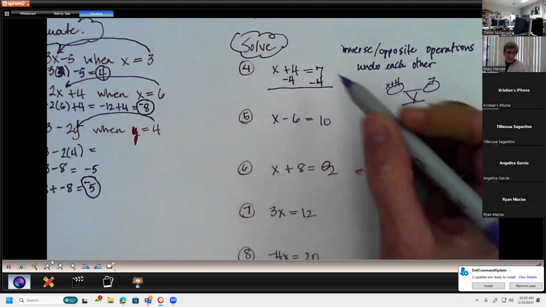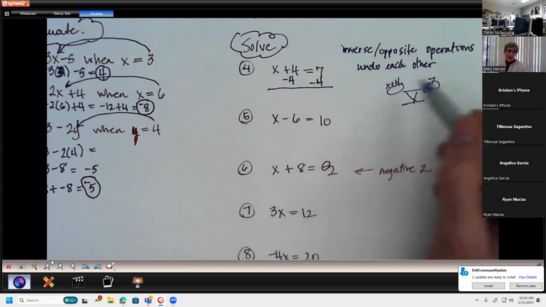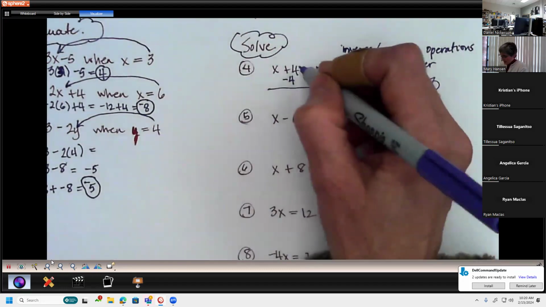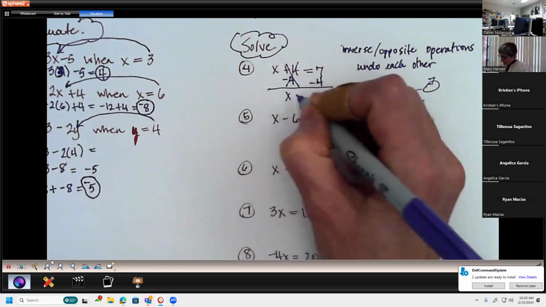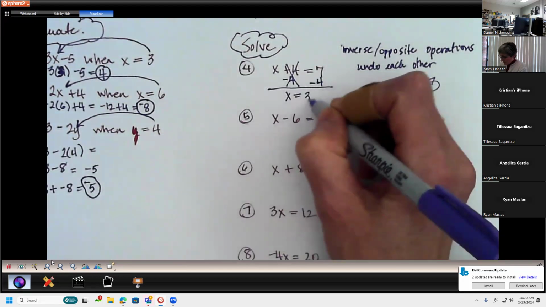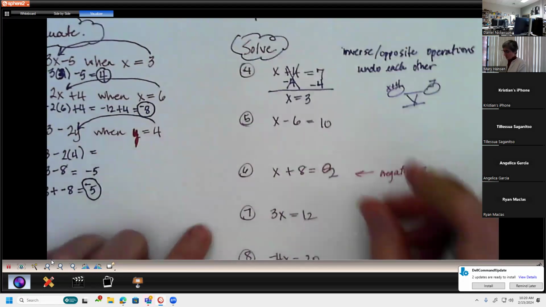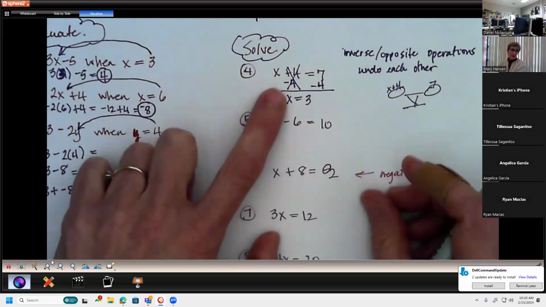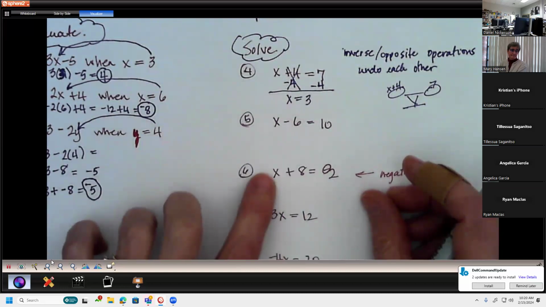So the key is opposite operation and do the same thing to both sides so that your balance stays in balance. 4 minus 4 is 0. And so all that's left is X on that left-hand side, and 7 minus 4 is 3. So that's algebraically how you would do the problem that you probably could figure out on your own, that 3 plus 4 is 7. Okay.